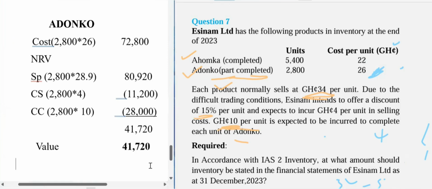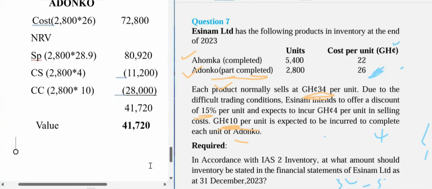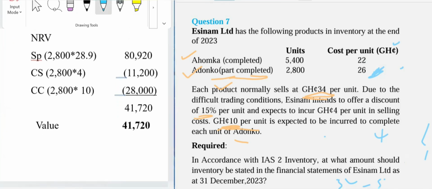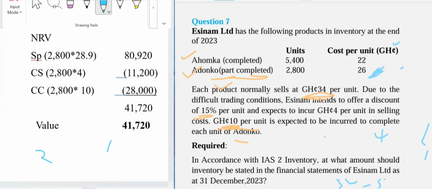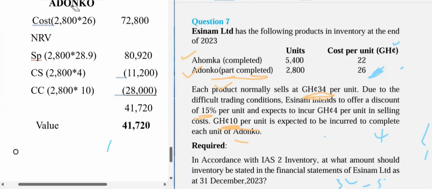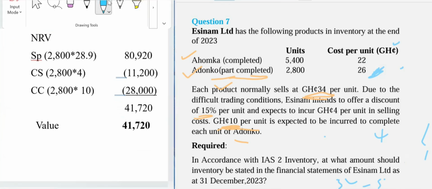Okay, so when we are done, somebody can also do the same thing when valuing Adonko here. Let me wipe this one before I write. Somebody can also do it this way.